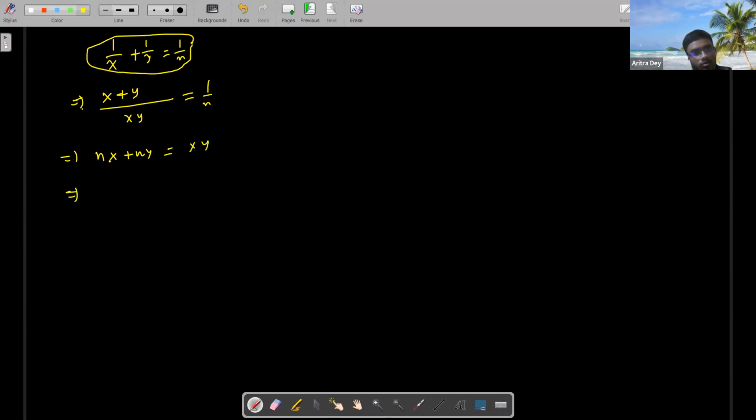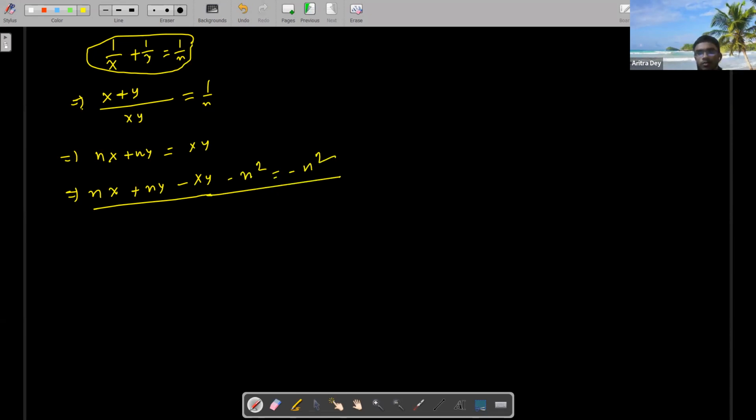And then what to do? Then nx plus ny minus xy, and I need to subtract n square from both sides, and then we can again factorize it. It reduces to a case of factorization.